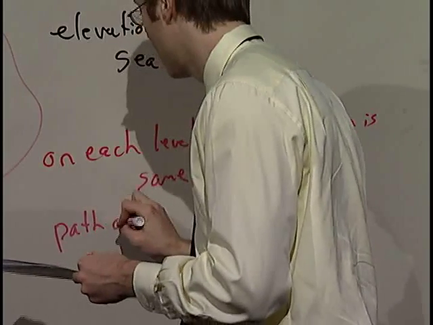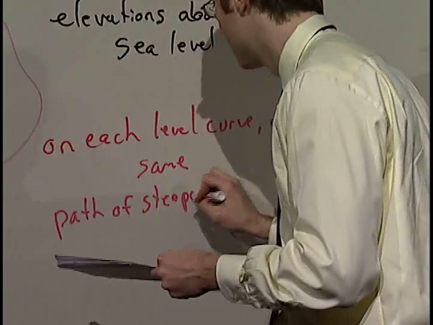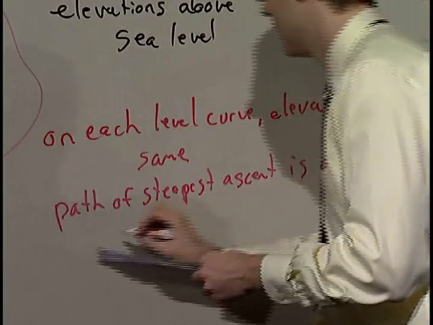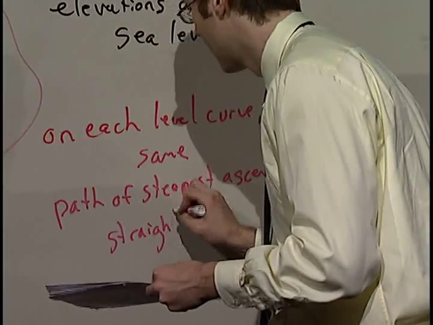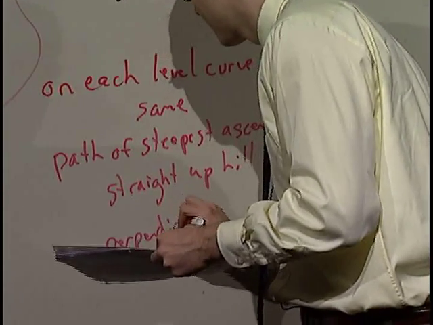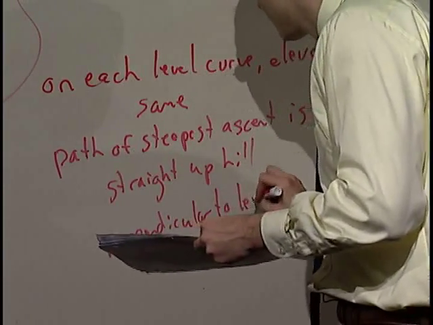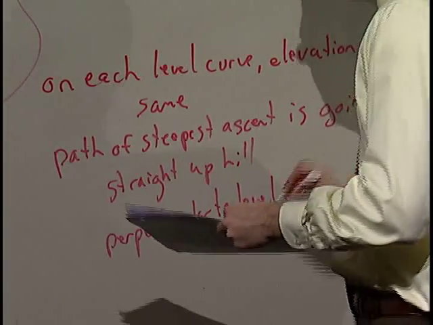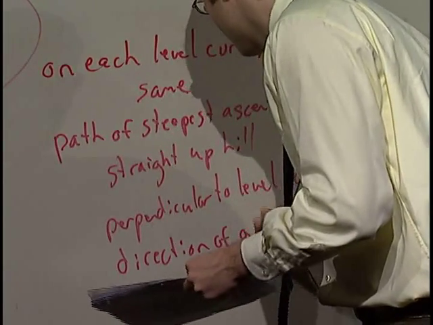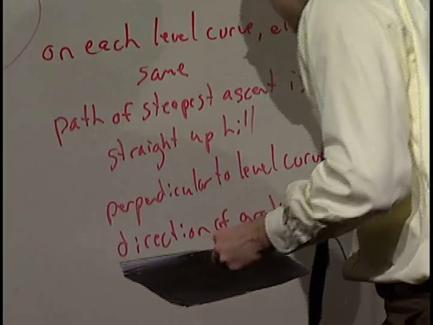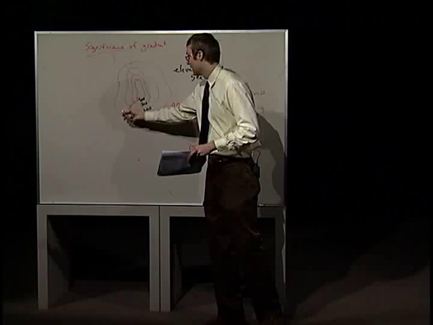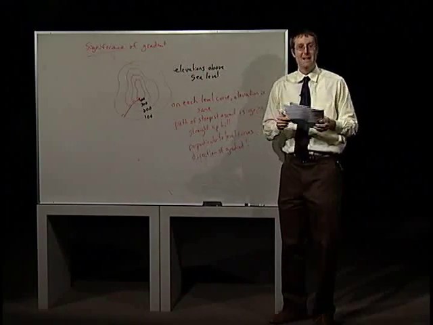The path of steepest ascent is going straight uphill, perpendicular to the level curves, and that is in the direction of the gradient. Okay, so this path here, where it's all perpendicular to the level curve, that's the path of the gradient. Okay, that's it for this section.